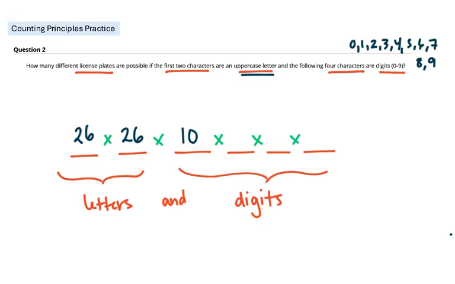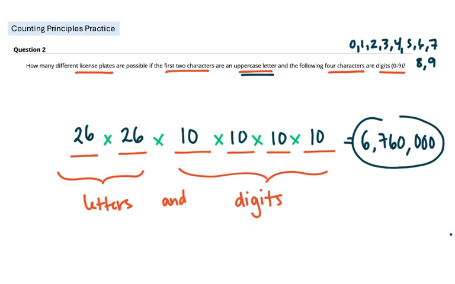If you count all of those, that's 10 choices for each of these 4 slots. And when we multiply it all out, we get a very big number, which is 6,760,000 different possible license plate combinations.